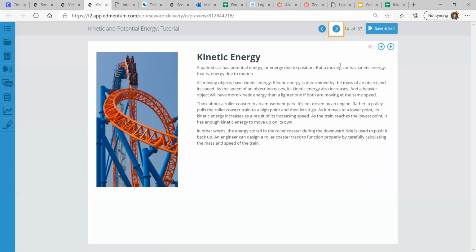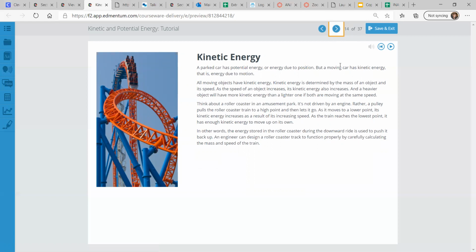And that kinetic energy is determined by the mass of an object and its speed. As the speed of an object increases, its kinetic energy also increases. And a heavy object will have more kinetic energy than a lighter one if both are moving at the same speed.